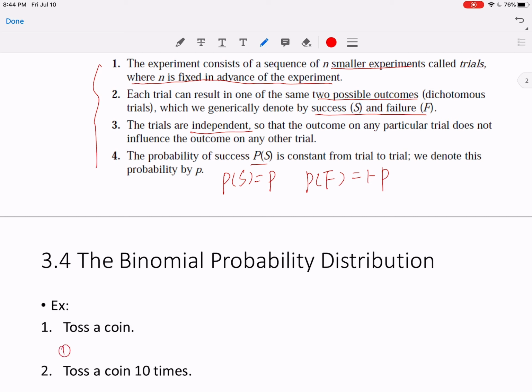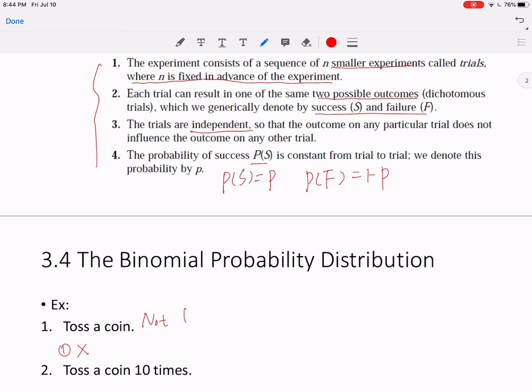If the number of trials fixed in advance. In this case, I don't think so, because this example doesn't mention anything about the number of trials that will be conducted. Okay, so the condition one is violated, so this case is not a binomial experiment.